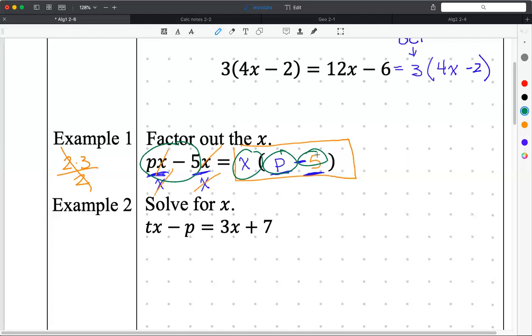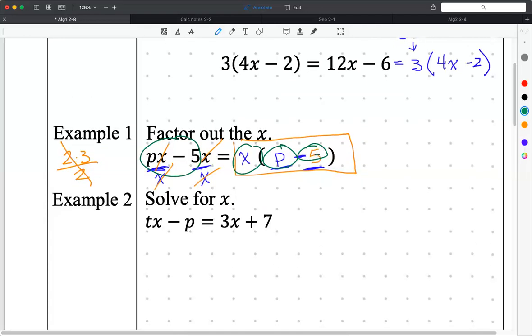So that's a great transition question. But before I get to number 2 and talk about why we're doing this, I know it's kind of silly to tell you why I'm doing this at the very end of this, but there is a reason, I promise. Does anyone else have a question on how to factor out something?